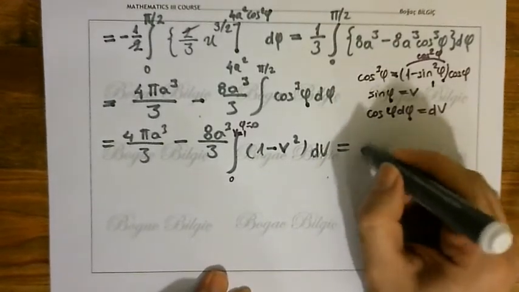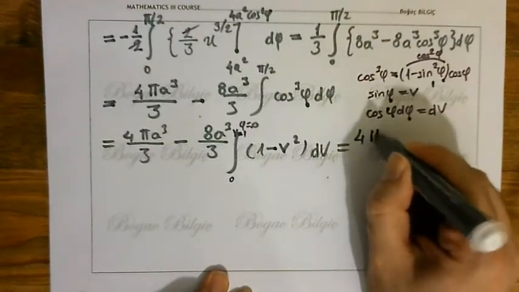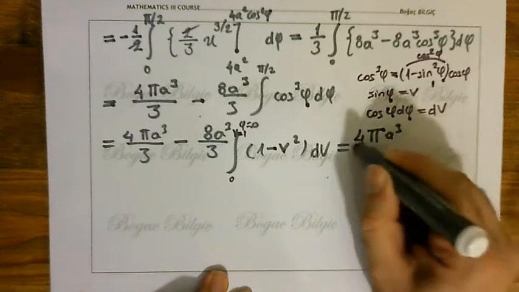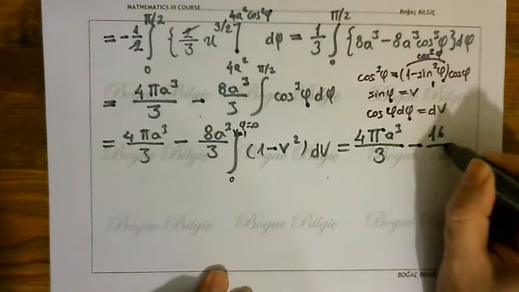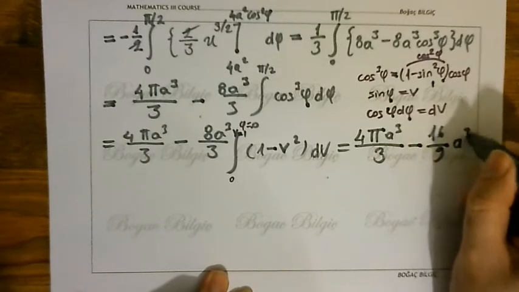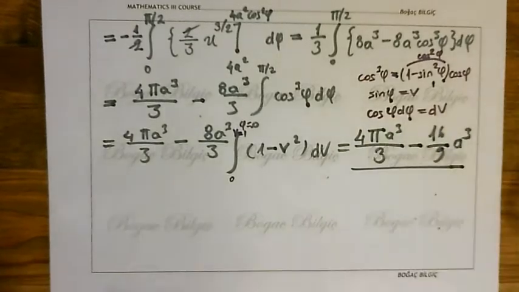Calculate easily: 4πa³/3 minus 16/9 a³. This is the solution.